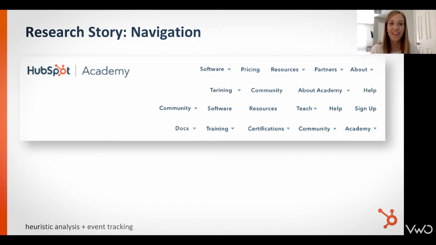Okay, so in performing a heuristic analysis and building a complete sitemap, our designer discovered that there were 4 different navigations and that they would swap out depending on what page a user was on. So yes, you could be on one page, click something in the nav, and get to another page that had a completely different menu from the page you were on before.